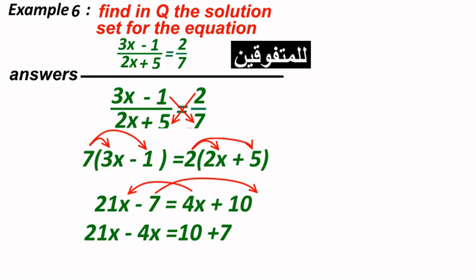And the right hand side, 10 plus 7 equals 17. 17x equals 17. By division, x equals 17 divided by 17, x equals 1. So the solution set equals {1}.